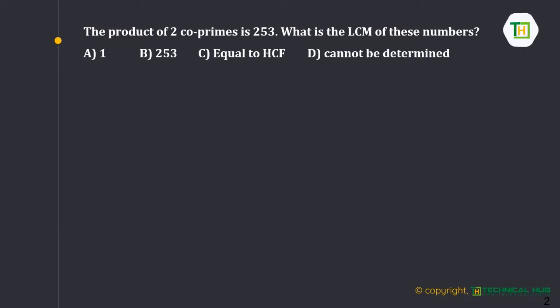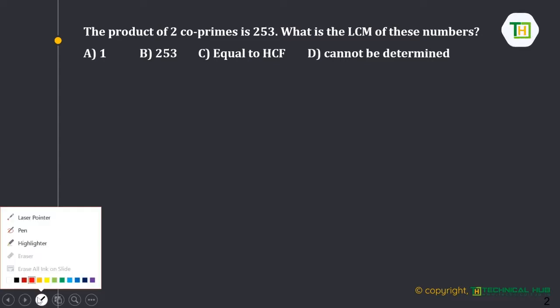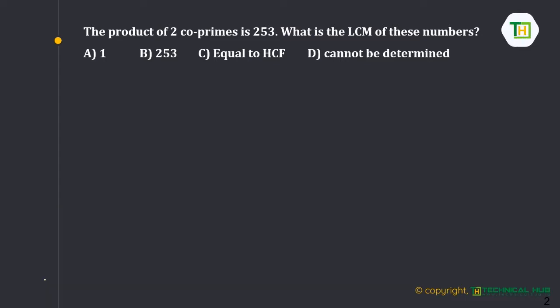First of all, you should know what is meant by a co-prime. Co-primes are nothing but two numbers which do not have any common factor except one. For example, 2 and 3, or 3 and 7, are co-primes.